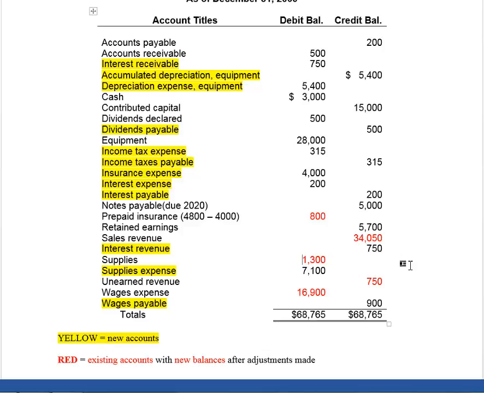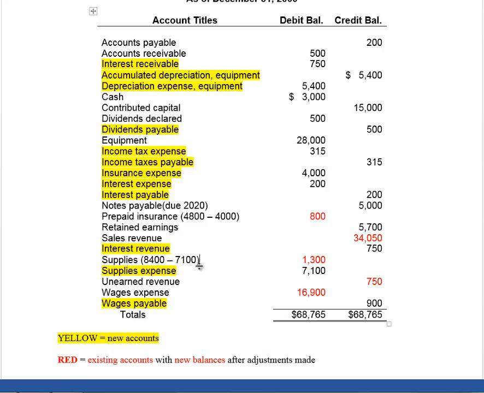Your supplies, again, we explained that one. We had $8,400, but a physical count showed us we had $1,300 left. So that's all that remains in the asset account. So we show $1,300 here. Why? Because we debited supplies expense, which we showed here, and we credited supplies for $7,100. So again, we had $8,400 in the account. We used up $7,100.